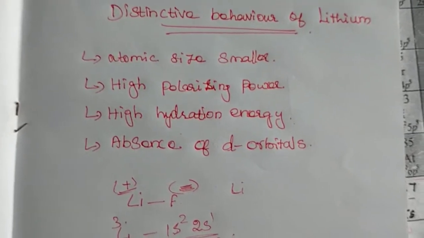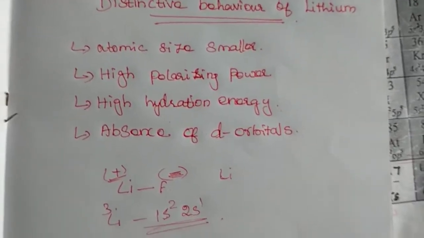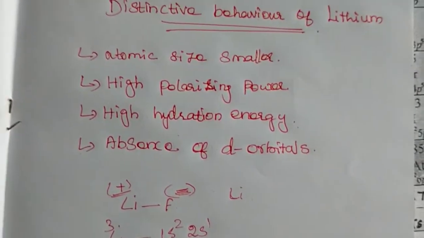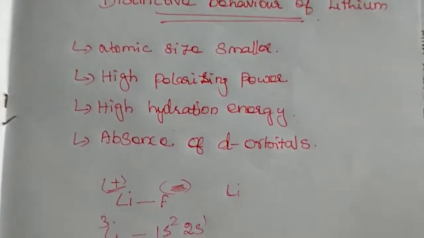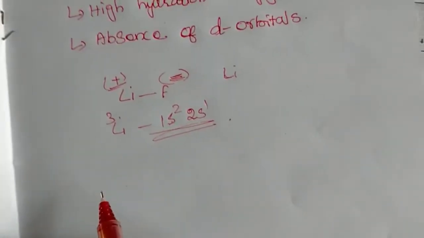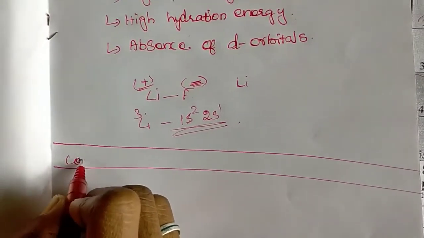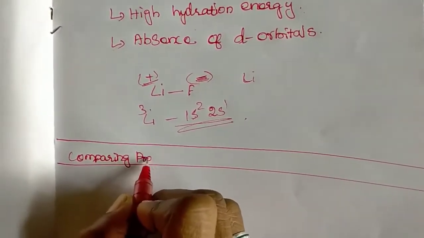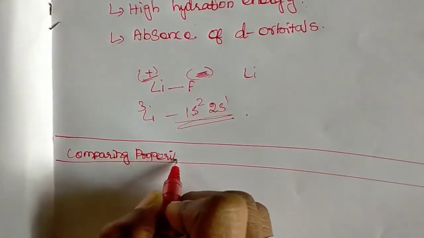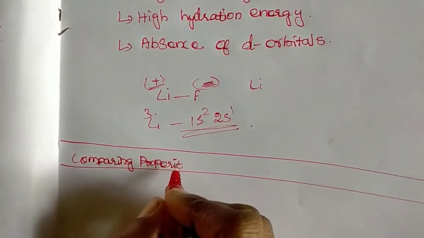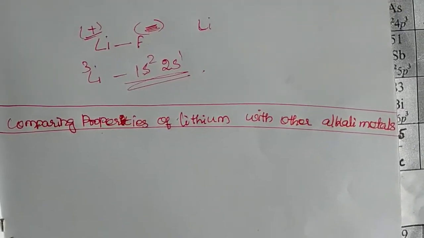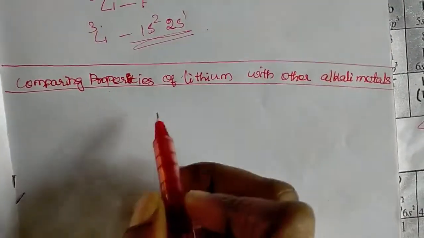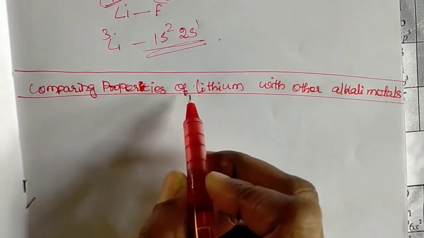So when we compare lithium with the other elements of this group, comparing properties of lithium with other alkali metals, we can divide this into two parts.